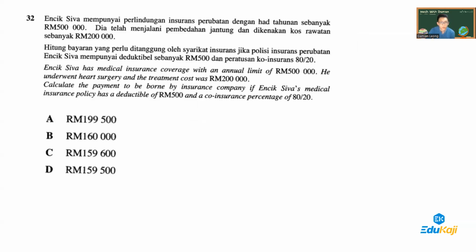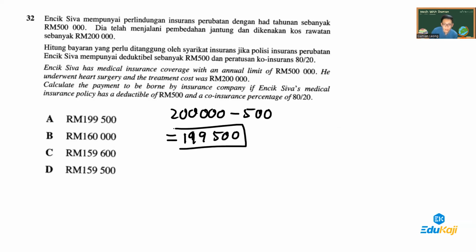Then question 32. Encik Siva has medical insurance coverage, annual limit 500,000. He underwent heart surgery, treatment cost 200,000. So calculate the payment to be borne by the insurance company if Encik Siva's medical insurance policy has deductible 500 and co-insurance package 80%, 20%. So the 200,000 treatment costs, you have to take out the deductible first. Then it's 199,500.